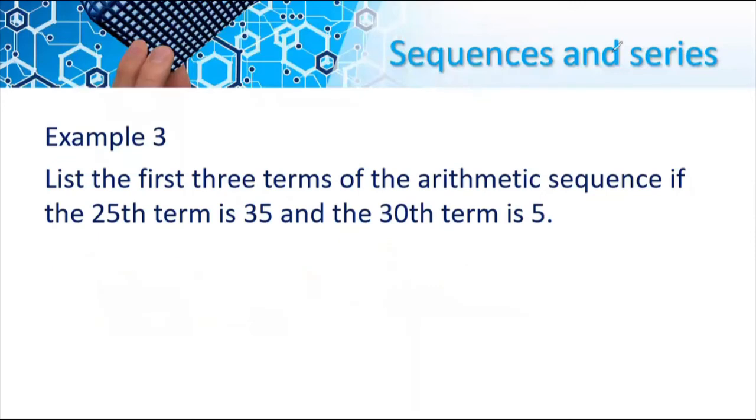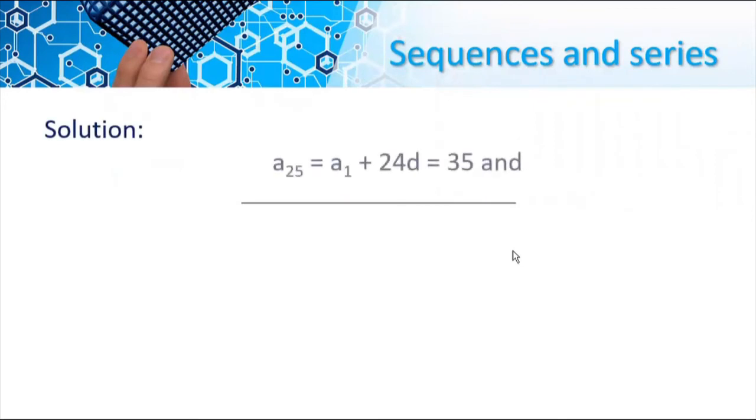So, check natin kung paano ang ginawang solution dyan. Kukunin muna natin yung given sa 25th, yung pwedeng maging form of equation. So, 25th term, A sub 25 is the same as first term, wala pa tayong first term, missing nga yun eh, plus 24D. Bakit 24?